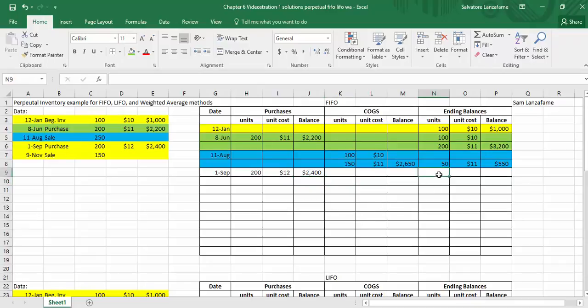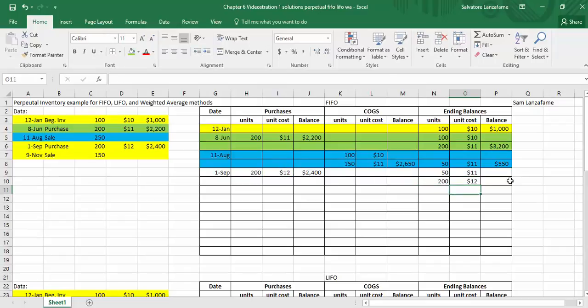But in our new inventory, I look at what I had most recently, 50 at 11. So I want to copy that. And then what I want to do is add in my new stuff, 200 at 12.